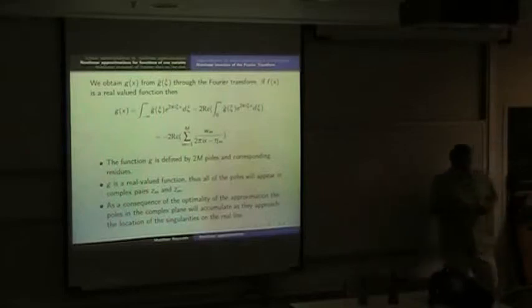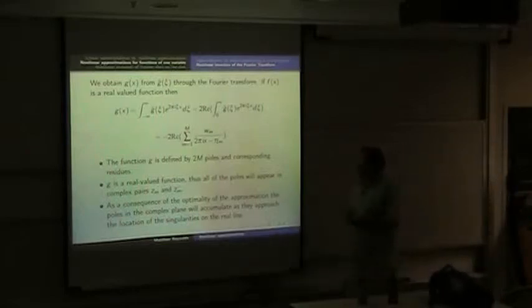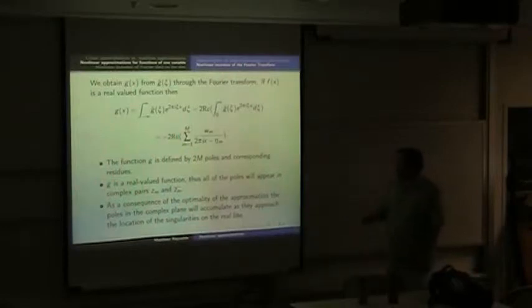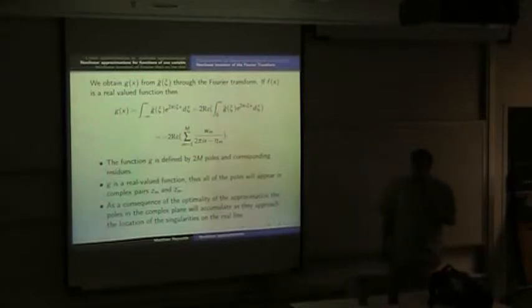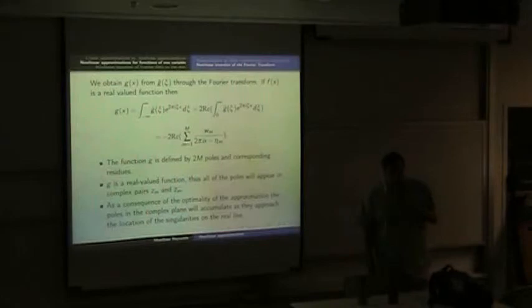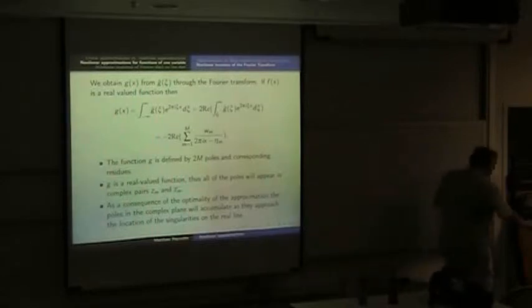The function g is defined by 2m poles and the corresponding residues. 2m because g is real valued, and thus all of the poles are going to appear in terms of their complex conjugates. And like we saw in the first approximation, and it's a consequence of the optimality of these approximations, if you have a function that has singularities, the poles that we're going to be looking at in the complex plane will accumulate as they approach the singularities on the real line. And I'll show you guys an example of this right now.